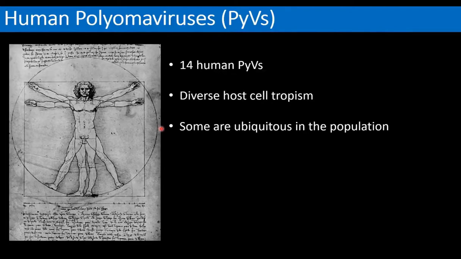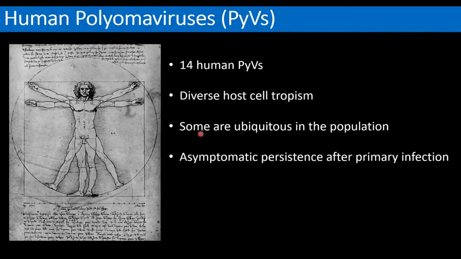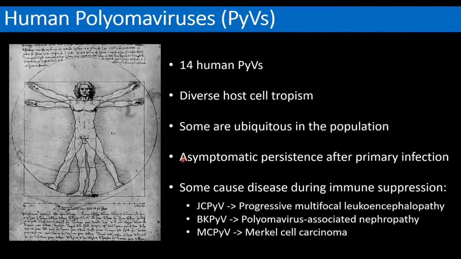We are likely exposed to these viruses during childhood, after which they cause asymptomatic persistent infections. Our immune systems work really hard to keep infections like these in check, but when the immune system is compromised in one way or the other, these very common human viruses can reactivate, so to speak, and cause very serious diseases.